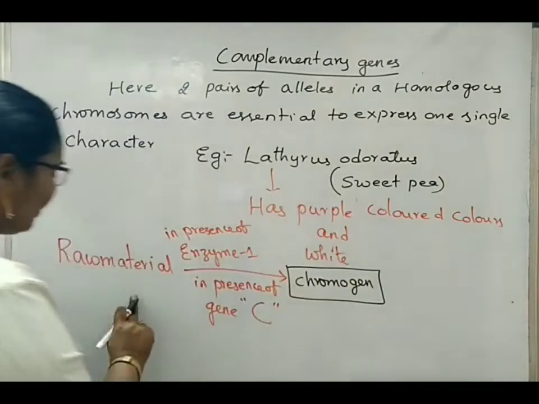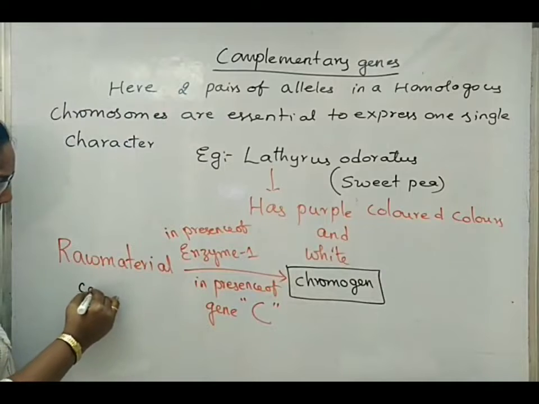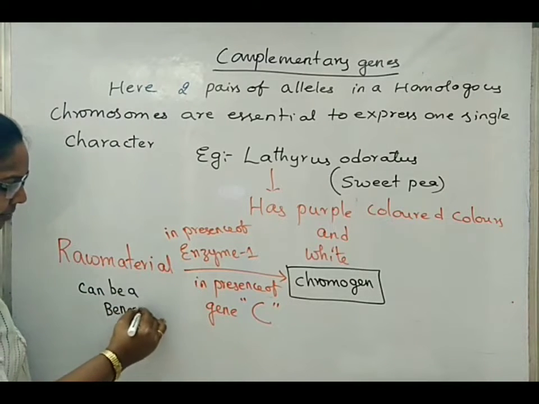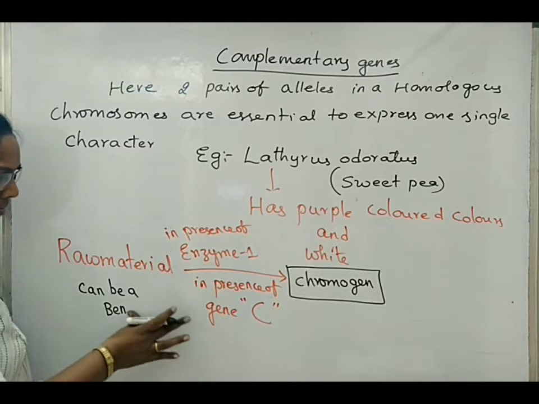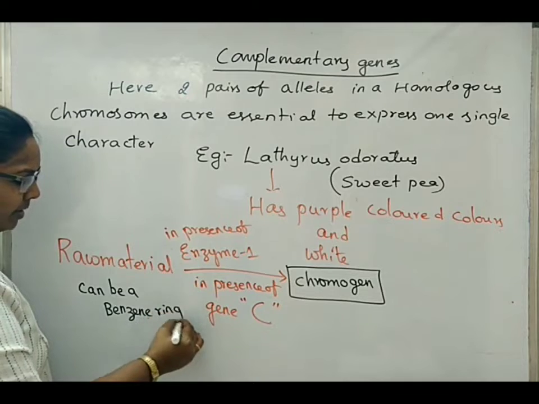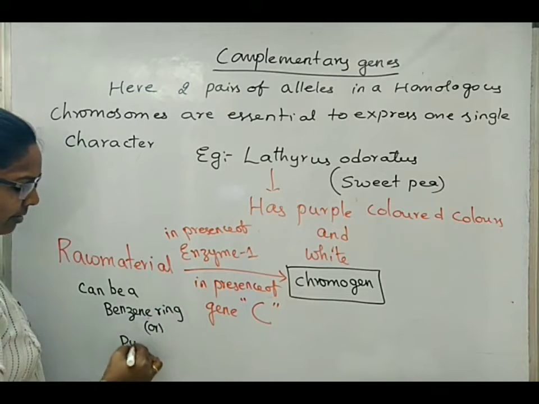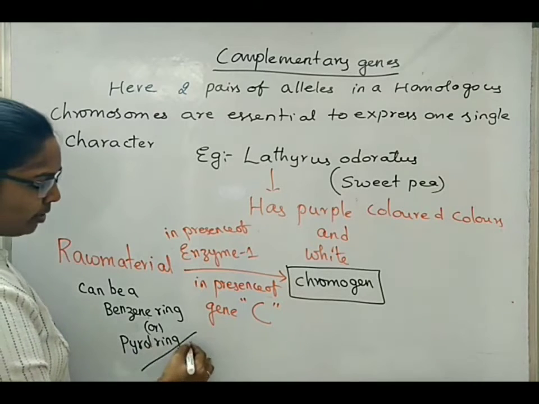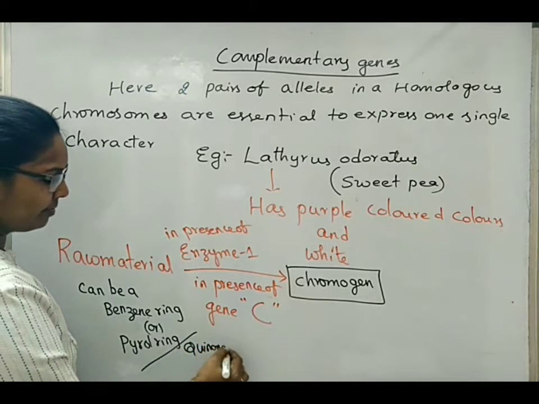Now, raw material can be a benzene ring, or pyrrole ring, or can be quinone, etc.